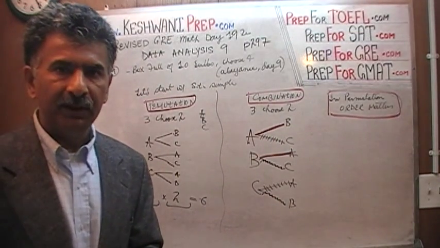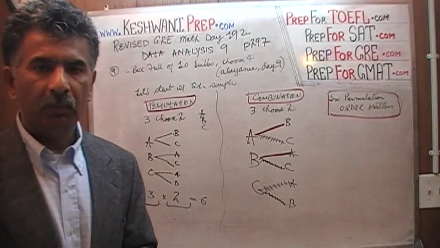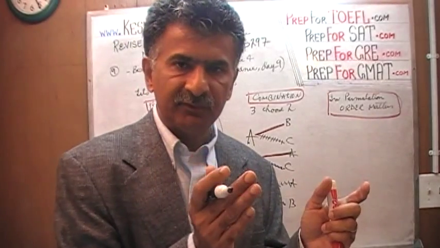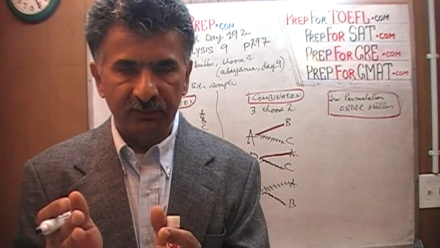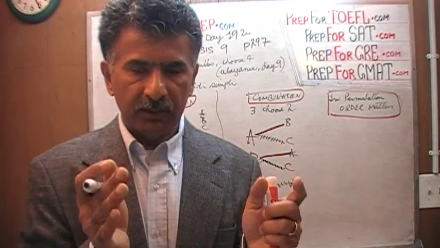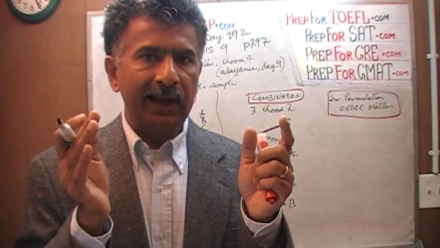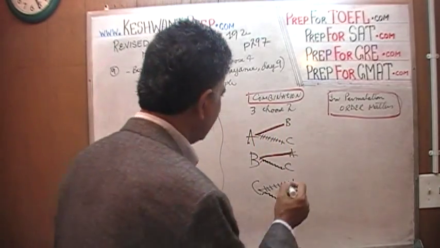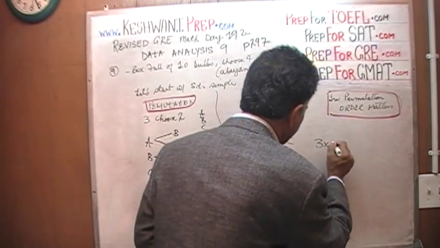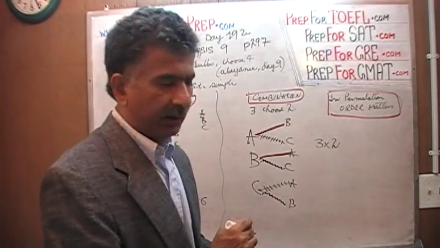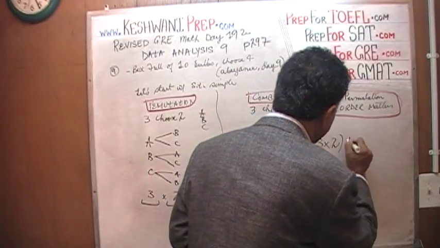Since everything is repeated, however many ways there are of choosing a first person times however many ways there are of choosing a second person, listen very carefully, we take the product of those two and we take half of that quantity. So here, there are 3 ways of choosing a first person, there are 2 ways of choosing a second person, and we take half of it.